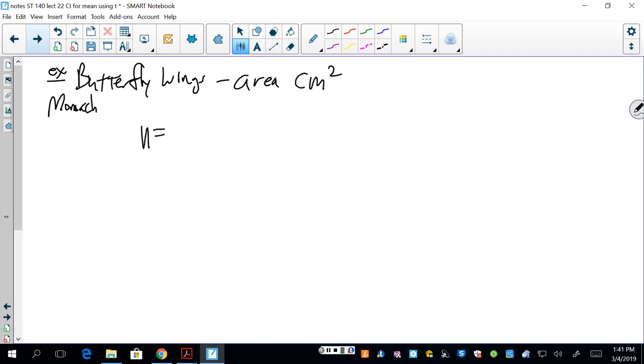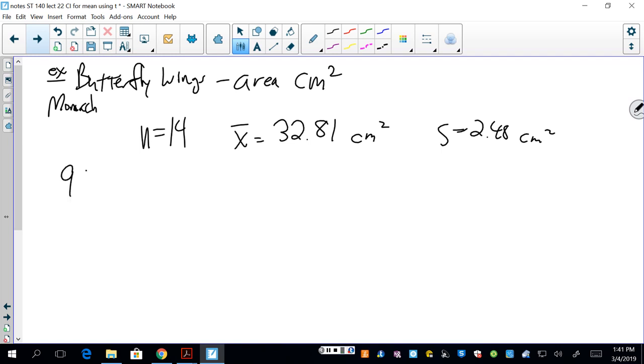And suppose you collect 14 butterflies, and the average wing area is 32.81 centimeters squared, with a standard deviation of 2.48 centimeters squared. What's a 95% confidence interval for the average wing area of similar monarch butterflies?